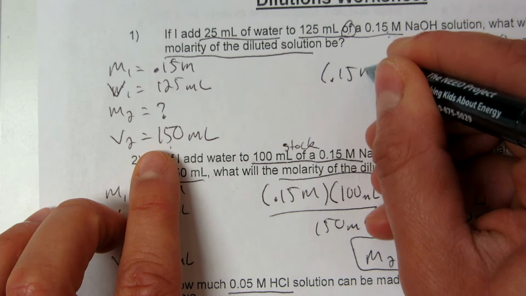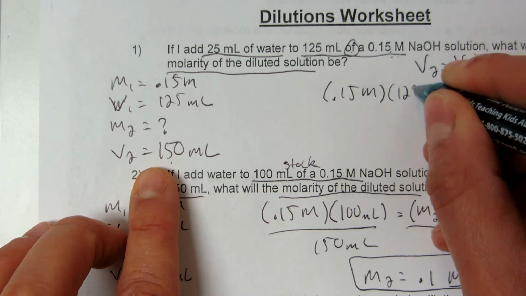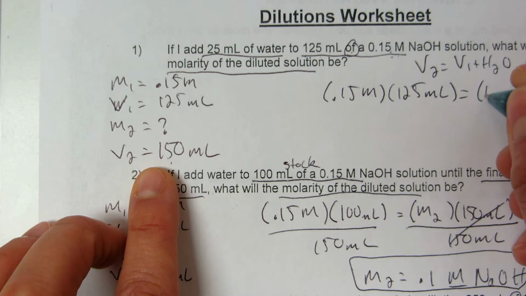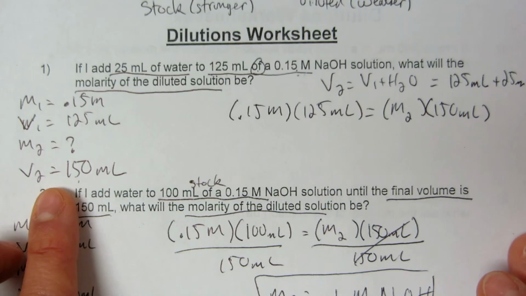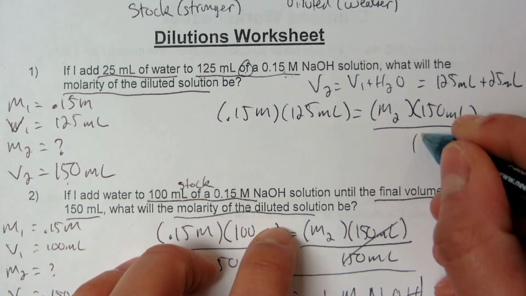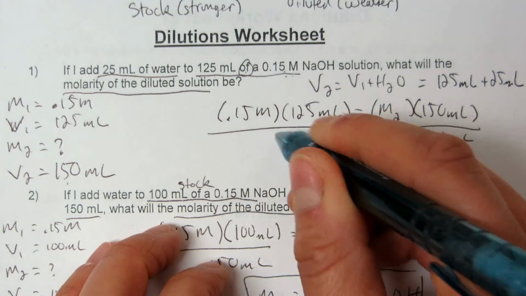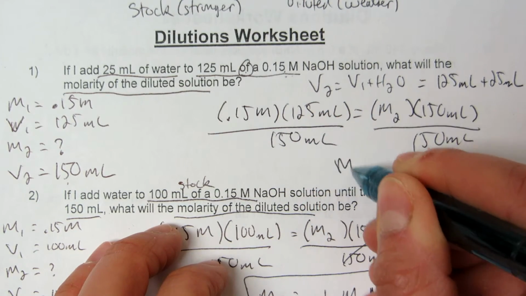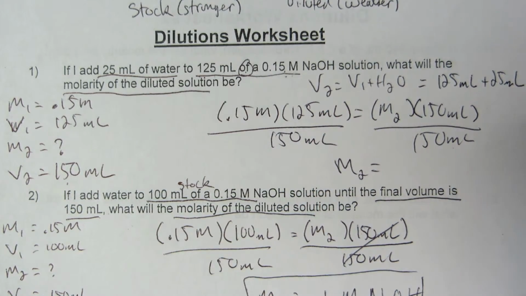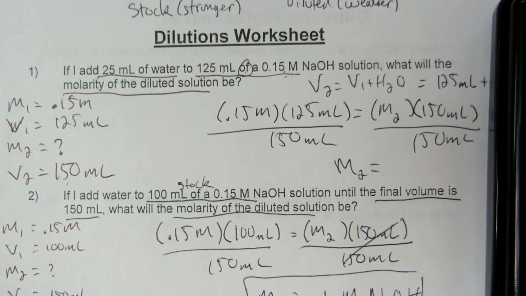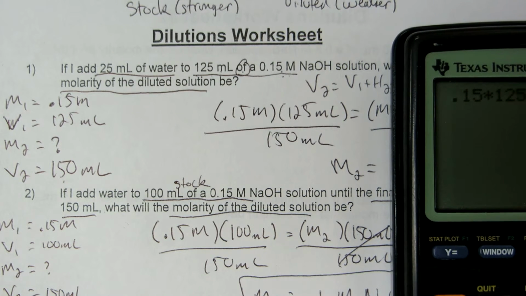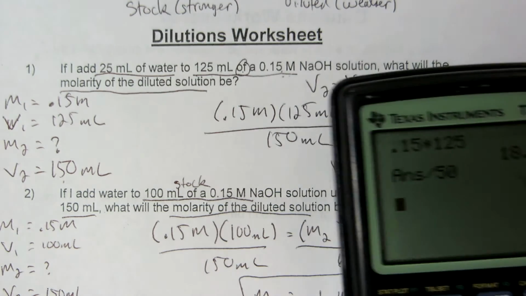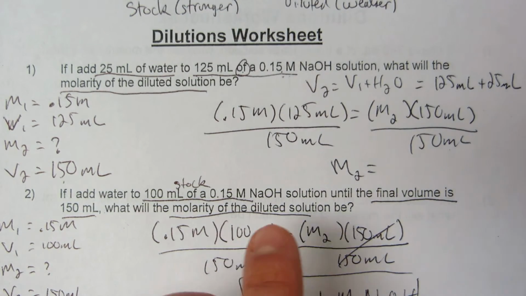So 0.15 molar M1 times 125 milliliters V1 equals your M2 and the 150 milliliters. Okay, so to get M2, we're going to divide both sides by 150. So your M2, your new concentration of your diluted solution, that's going to be weaker. So we should hopefully get a smaller number than 0.15. So 0.15 times 125 divided by 150, and we get 0.375.